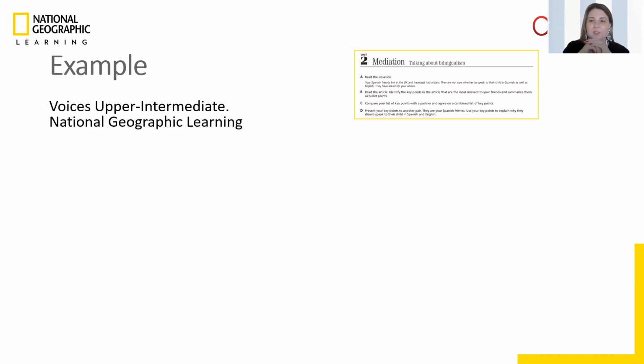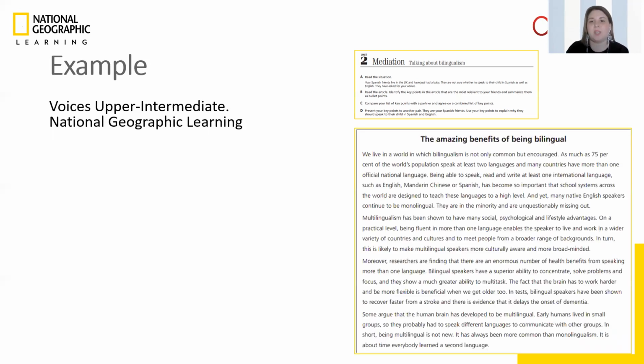And then there is a text on bilingualism, and the students should read this text. Then they should identify the key points, and especially not just the key points. It's a very common, very popular task.